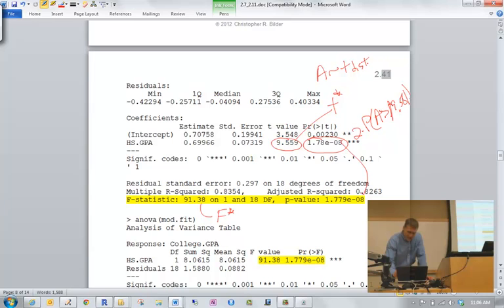Notice how that p-value is exactly the same as what we got with the F distribution. And in fact, this 91.38 ends up being the square of T star.